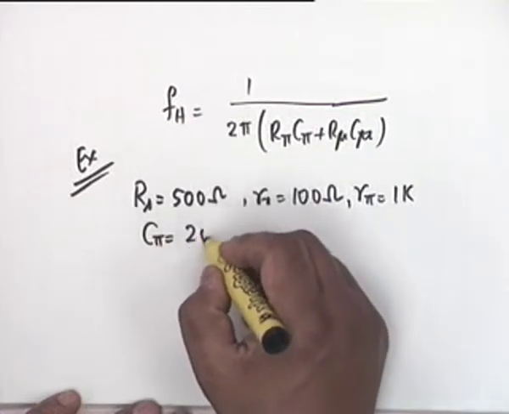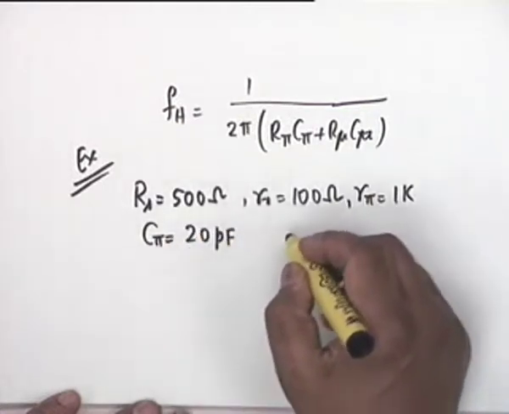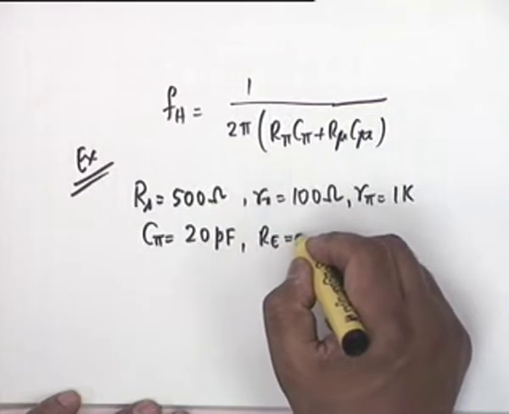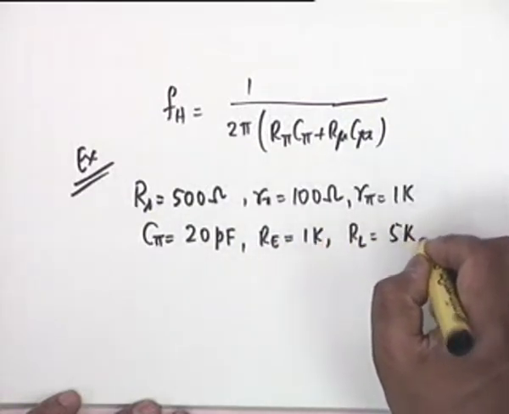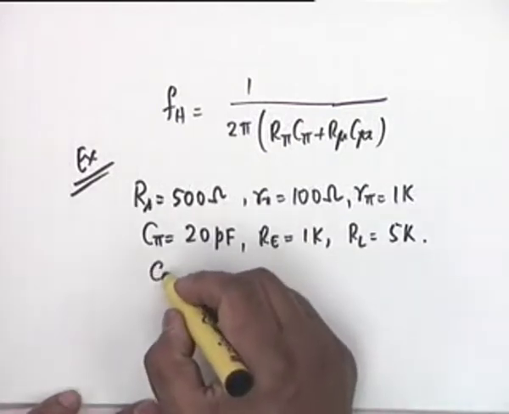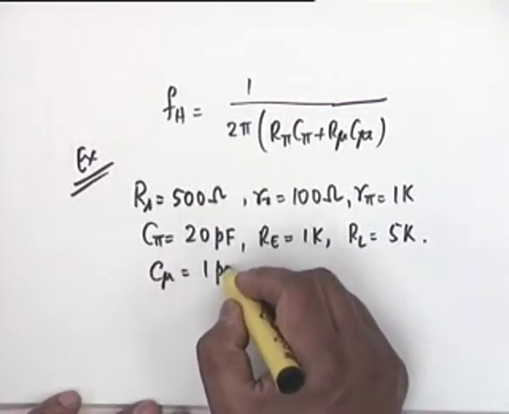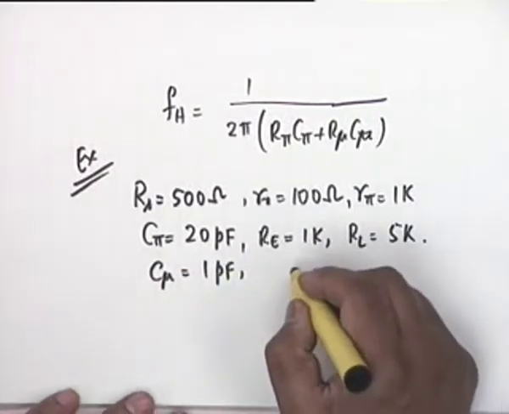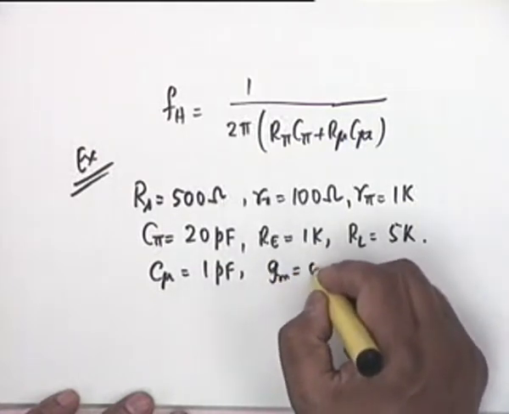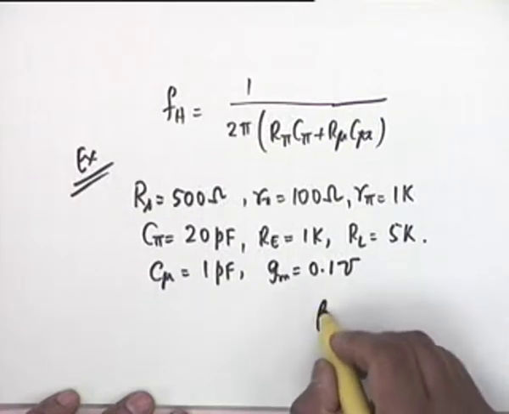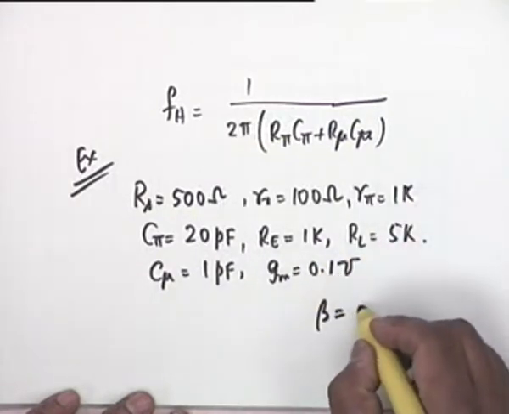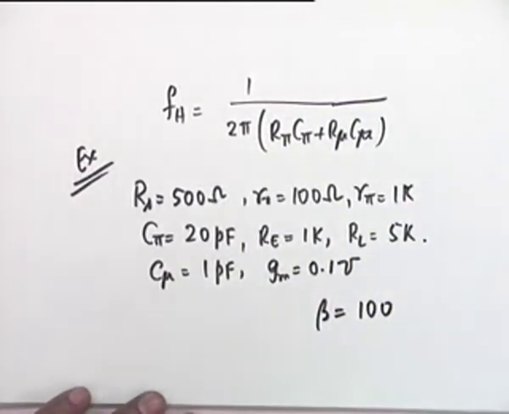C pi is 20 pF. Re is 1K. RL is 5K. C mu is 1 pF, so a good transistor. Gm is 0.1 mho, and obviously beta, since R pi and Gm are given, is 100.